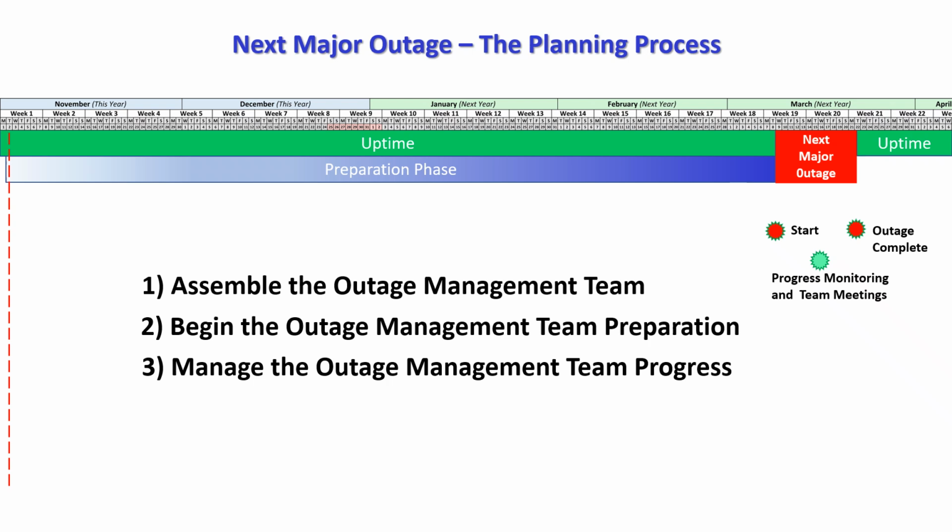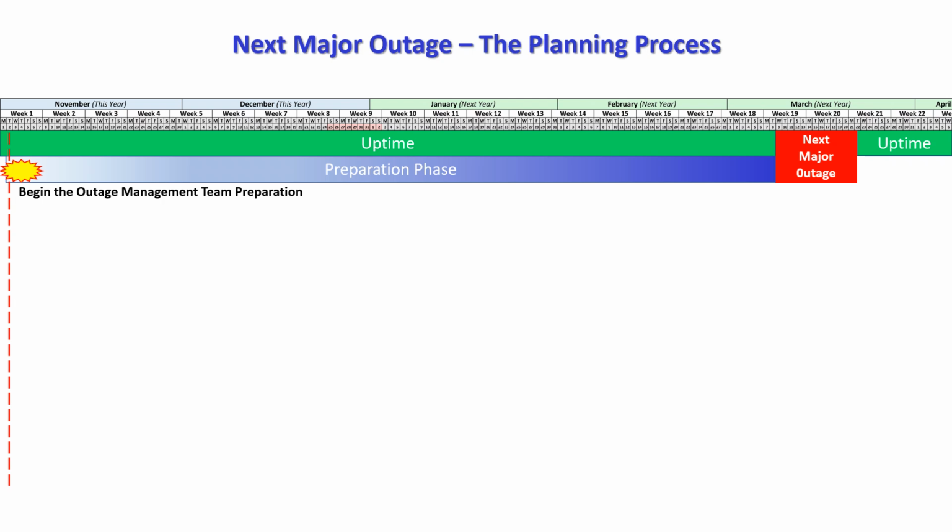So let us begin with the first part, and that is the outage management team preparation. When we look at all the things that need to be accomplished before the outage can start, we realize we have to identify all the work that needs to be done during the outage. For this work, we need work orders to be generated in the computerized maintenance management system.